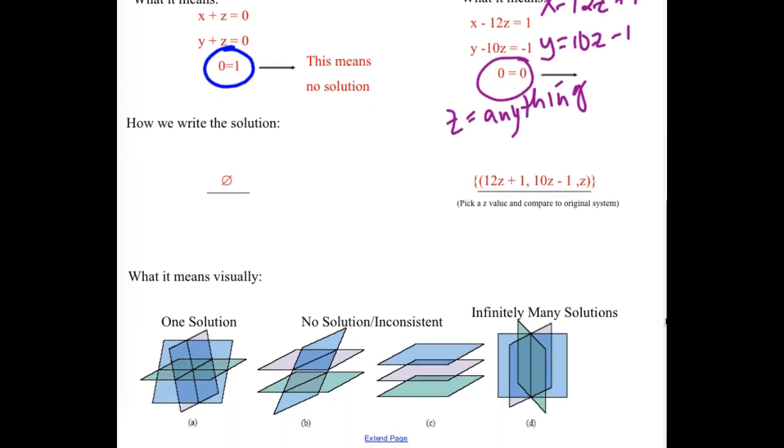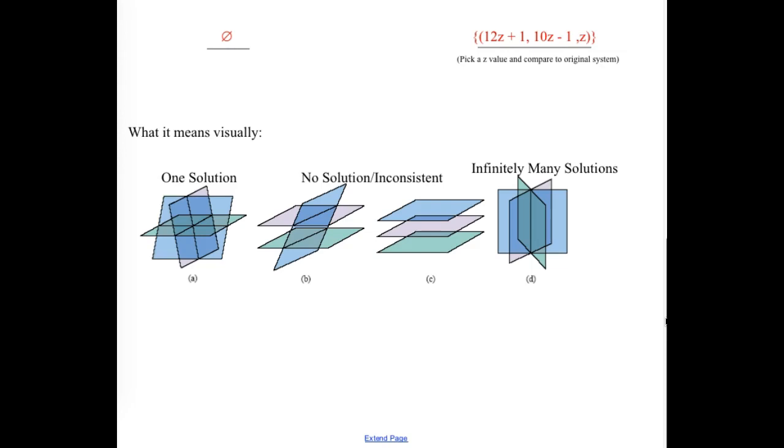Graphically, what is it we're finding? When we solved the system and we found one solution, like our review question today, that's the first picture. We're finding a spot where all three intersect. There's one point where all three dimensions meet. Okay?